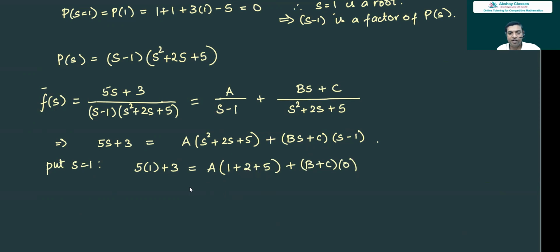So this is also 8. 5 plus 3, 8, and this 5 plus 3, 8. So this implies that a is equal to 1. That's what we get.